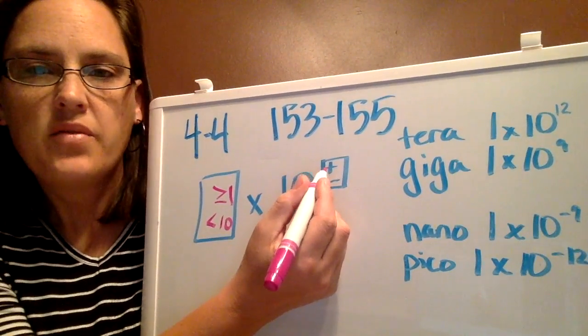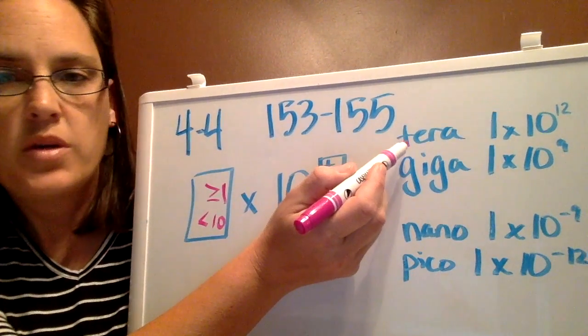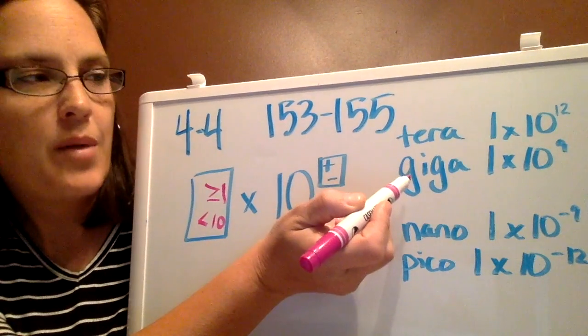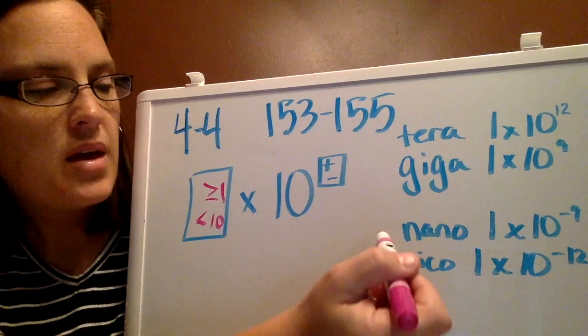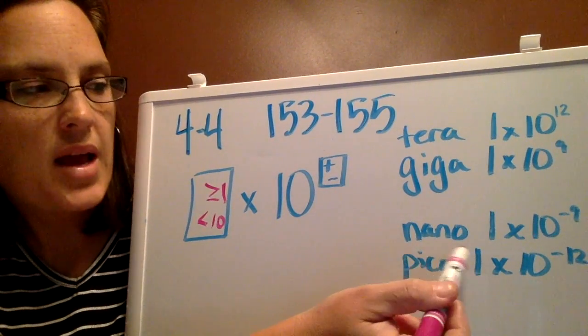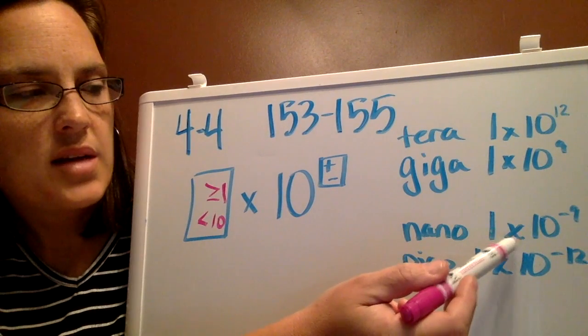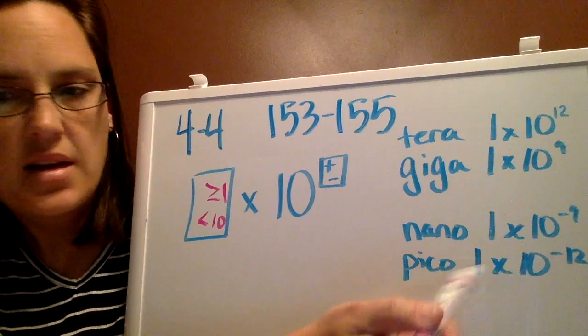For a positive exponent, we're talking about really large numbers. When I met with you, we talked about terabytes and gigabytes, 1 times 10 to the 9th and 1 times 10 to the 12th. And we also talked about negative exponents being really small numbers. So a nanobyte, 1 times 10 to the negative 9th, and a pico, 1 times 10 to the negative 12th.